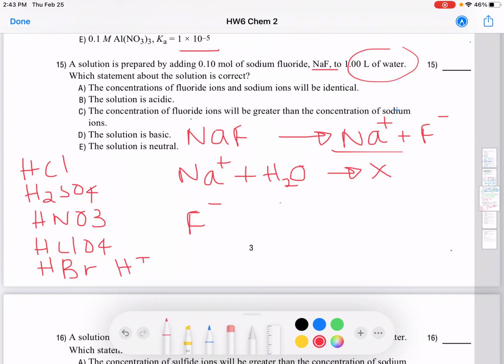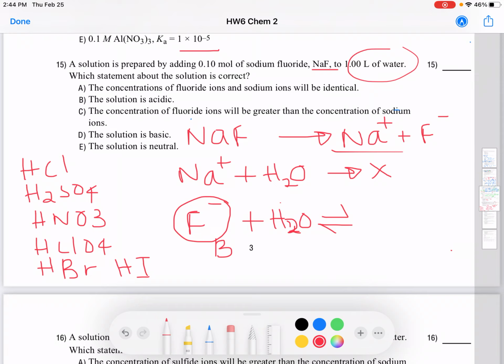So these are 1, 2, 3, 4, 5, 6. These are our strong acids. Does fluoride belong to any of these strong acids? No, right? So the fluoride is coming from a weak acid. If that is the case, it's going to react with water to form that weak acid. So water plus fluoride. Since fluoride has a negative charge, it's going to react with a base.